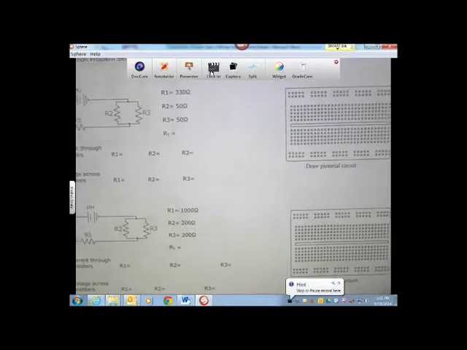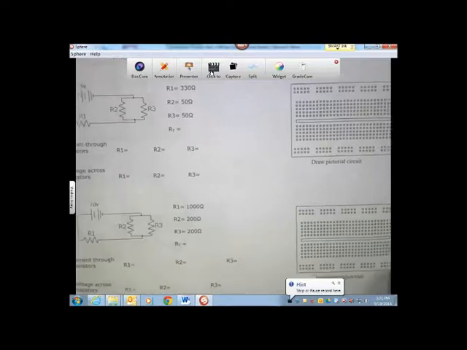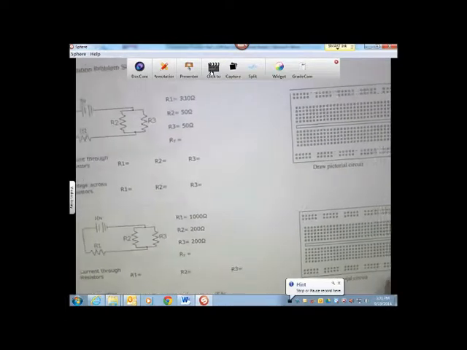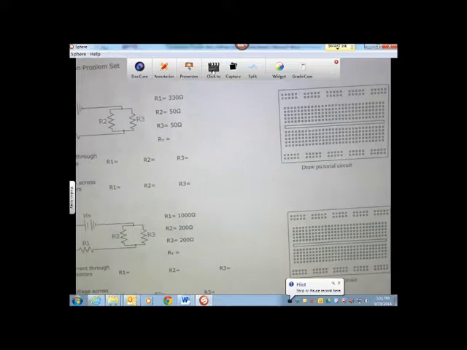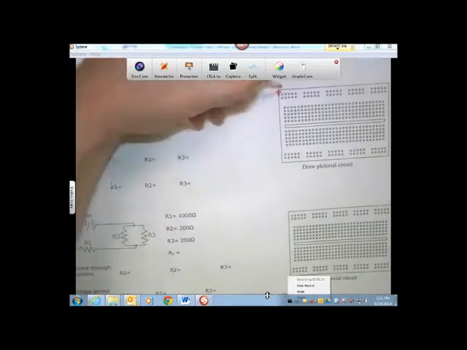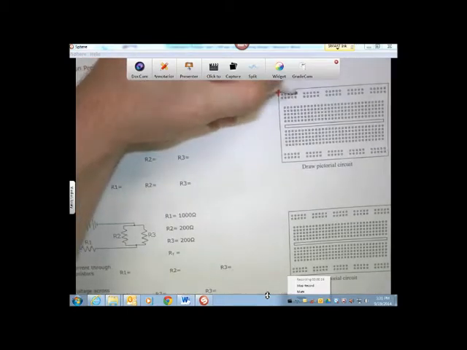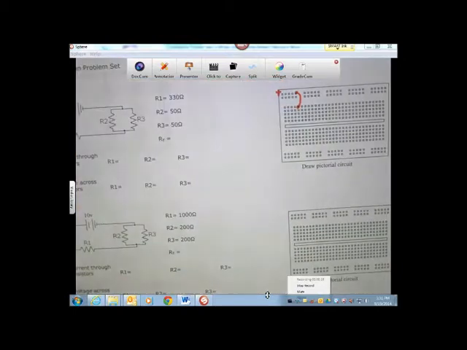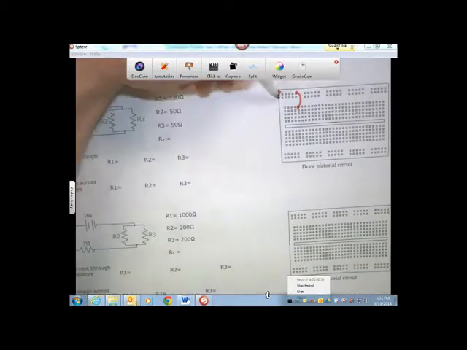So looking at how to solve our first problem here, number 1, we'll go ahead and draw it on our breadboard area first. So I have positive, and that's going to connect down here to our breadboard. Negative.